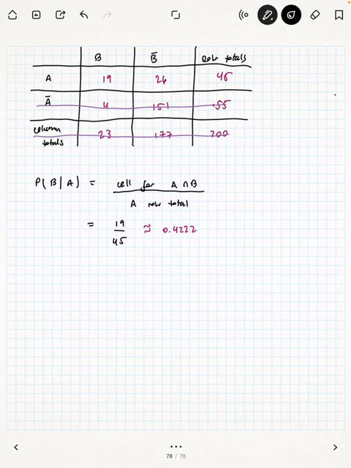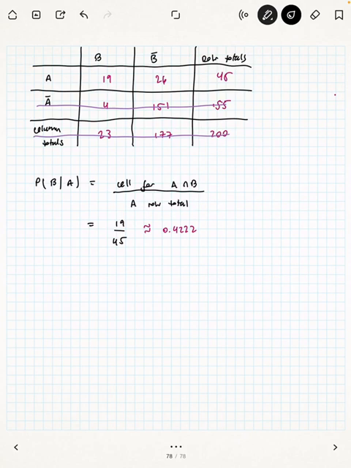So why is this helpful? If we're using conditional probability, we actually are going to gain a lot of information about how events relate to each other, and whether the occurrence of one event affects the probability of the other event.